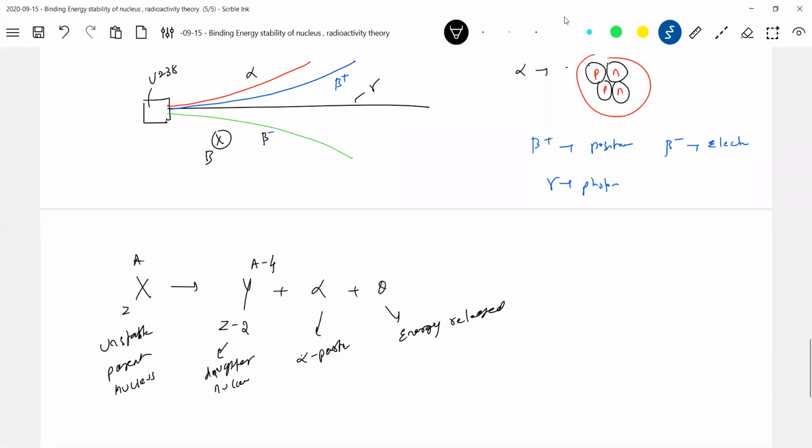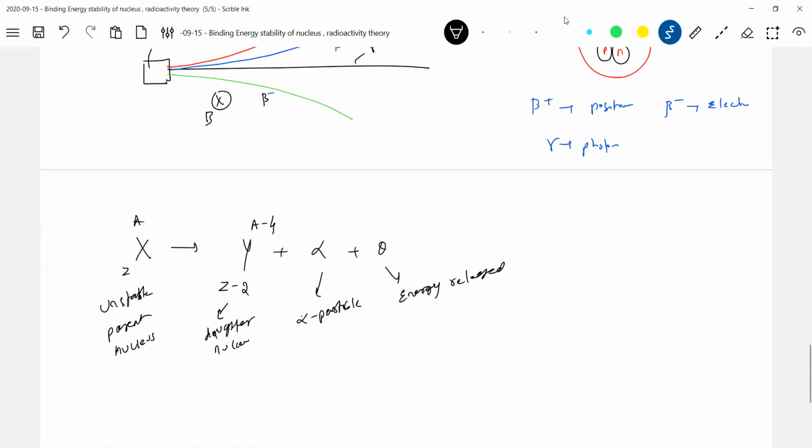This is alpha decay. And next we have beta decay. There are 2 types of beta decay. The energy release I'll tell you later on, because it will not help you much here. First, beta minus decay.